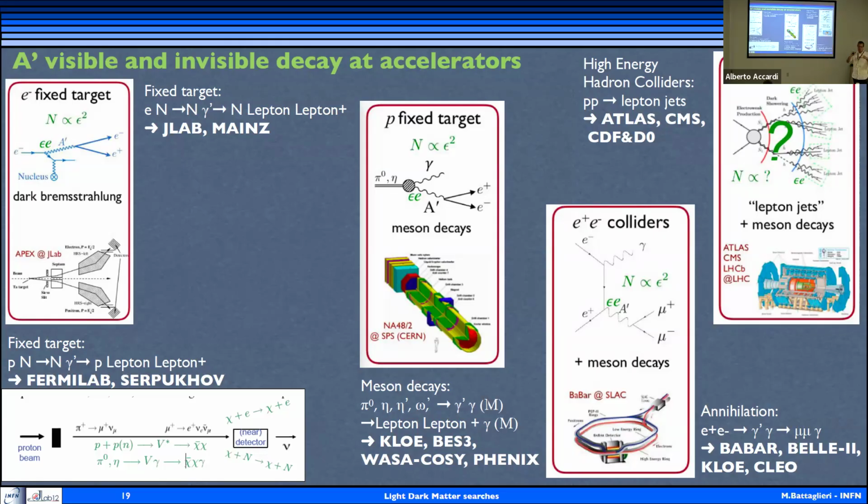That is the reason why each lab focuses on a specific reaction where they can be more competitive in the measurement. In an e+ e- collider, you have a lot of e+ e- pairs coming from all possible mechanisms you may think about, while mu+ mu- is a little bit easier to detect, very clean, and also less probable to be produced. So this is the reason why they focus on that.